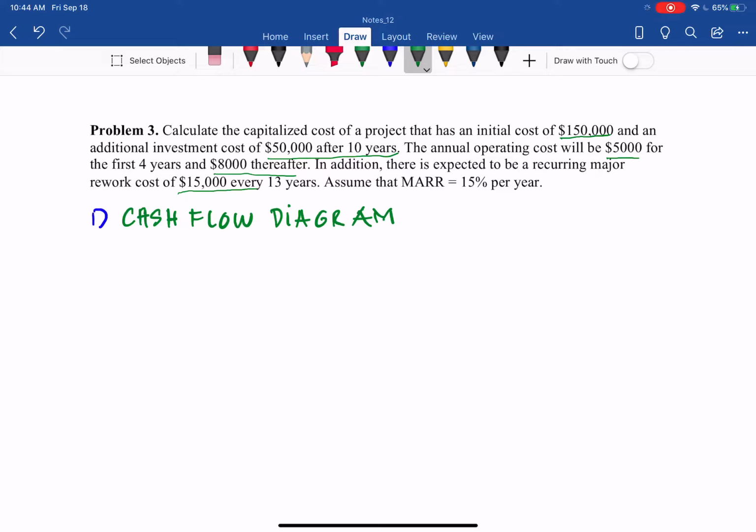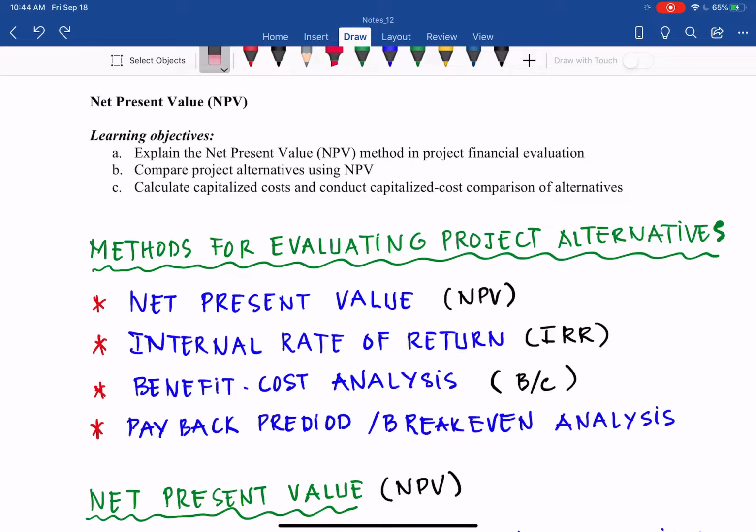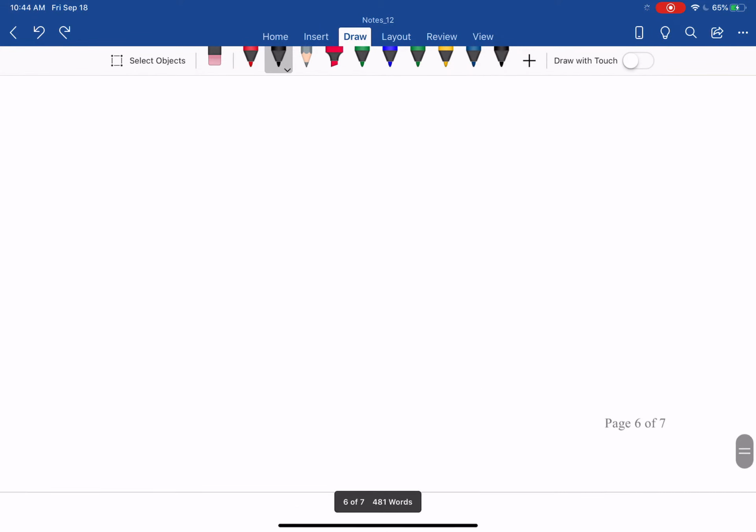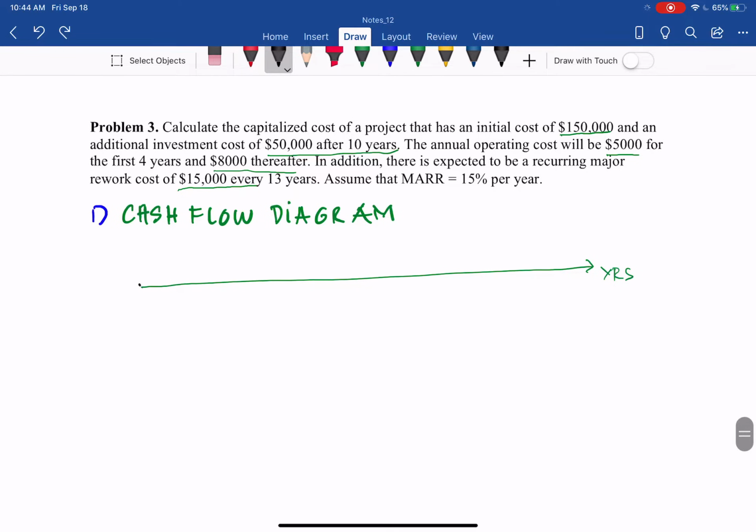So with that, we can draw the diagram for 26 years from 0 to 26, at least 2 cycles. So we have 13 here.